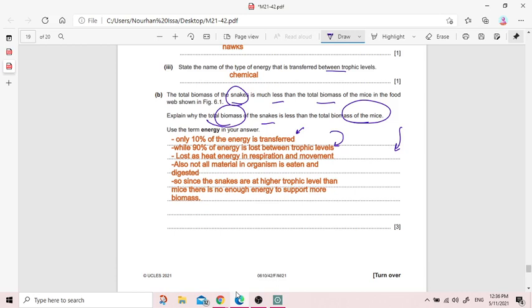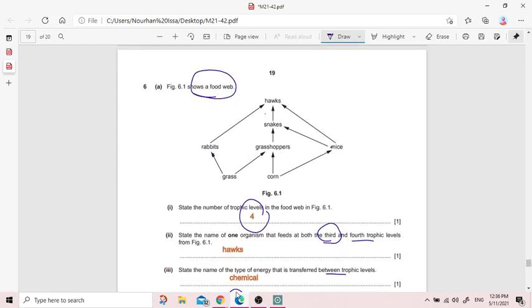And then you give him an example. How is it lost? It is lost as heat energy in respiration or movement. Also because not all material in the organism is eaten and not all is digested. For example, when the snakes eat the mice, maybe they will not eat the whole organ, maybe they will leave the head.